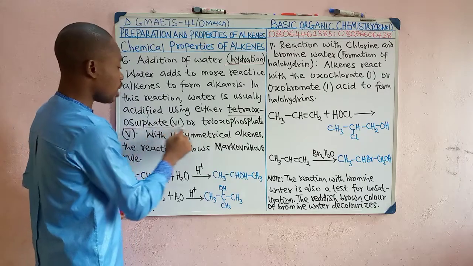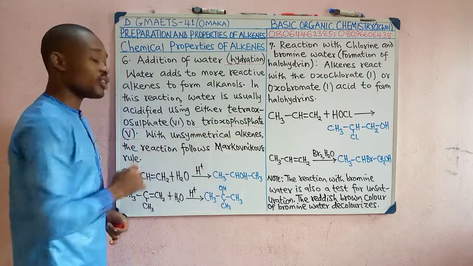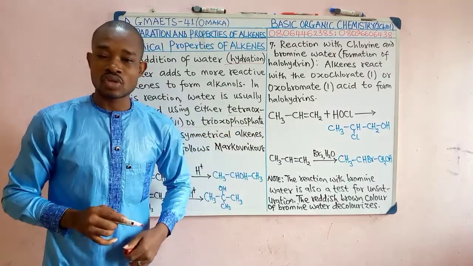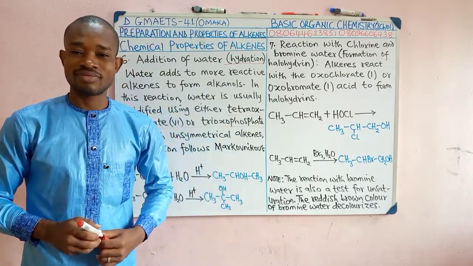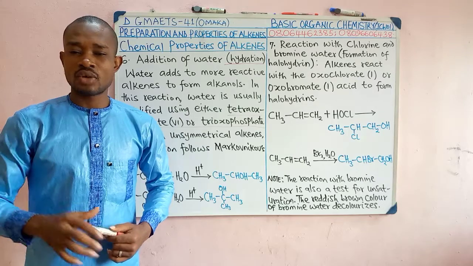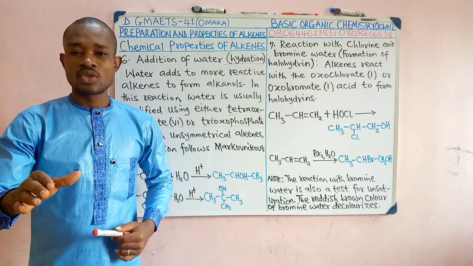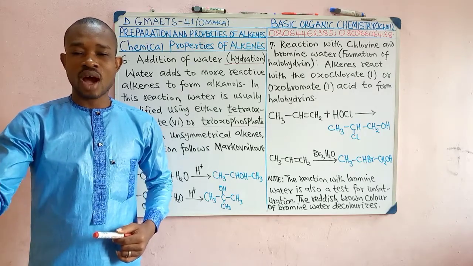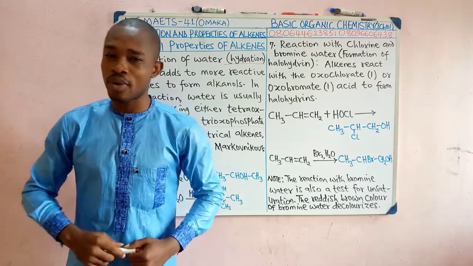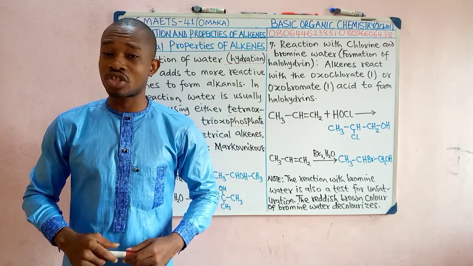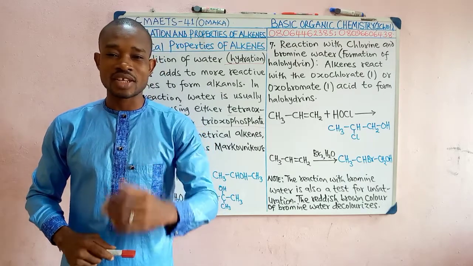Once this is done and the water is reacted with alkanes, it will lead to the formation of alkanols. You get that right? So the addition of water to alkanes produces alkanols. This method is actually a convenient method for preparing secondary and tertiary alkanols. Take note of that, please.